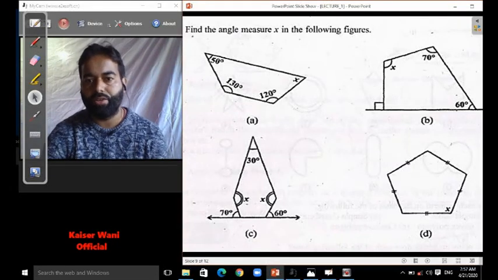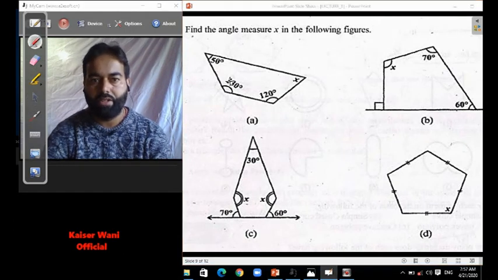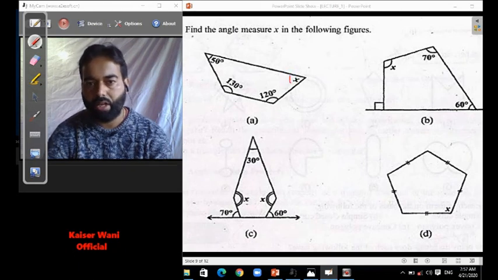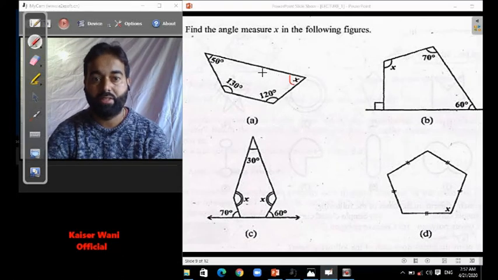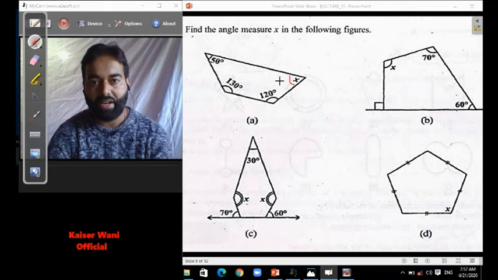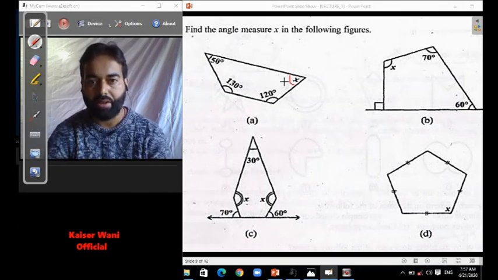So these are 4 questions, and in case of this one, it is a quadrilateral. We have to find this unknown angle. We know in a quadrilateral the sum of interior angles is always equal to 360. So can you calculate this angle? Yes, you can calculate.